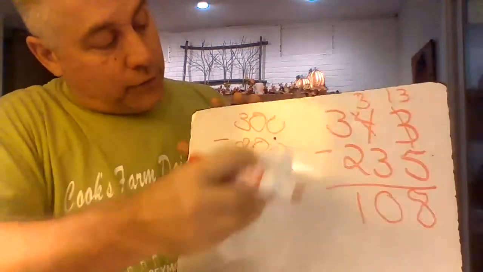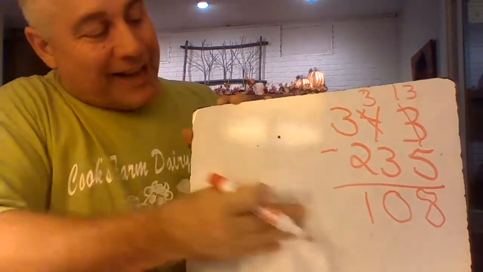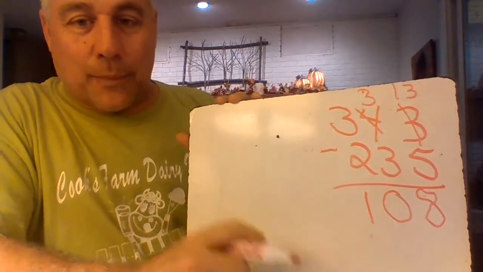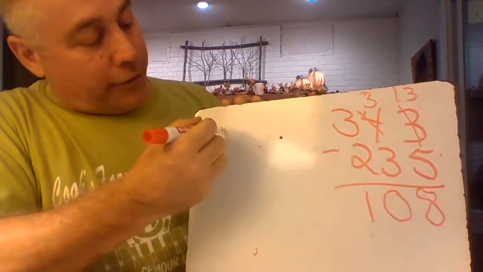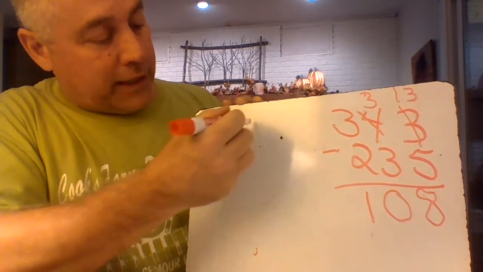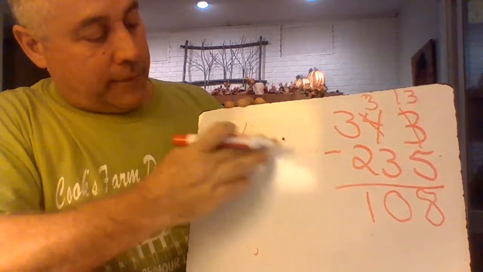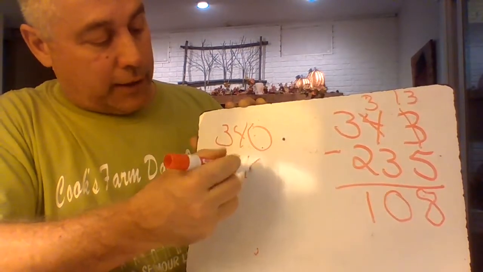Now, I could have also done it to the nearest 10 if I wanted to. I don't like doing that, though. If you're going to estimate, I like making that number the biggest one it can be. So anyway, I could have done 343 minus 340 minus 240.